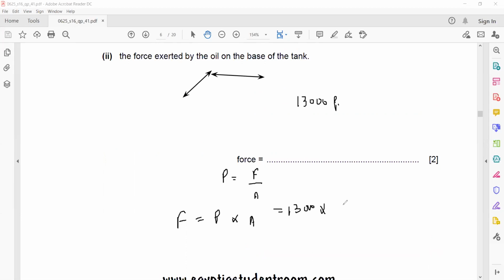In part C, when checking the level of the oil in a tank, a man drops a brass key into the oil and it sinks to the bottom. State what this shows. Look, if you drop an object in a fluid or a liquid, and that object sinks, what can you conclude?